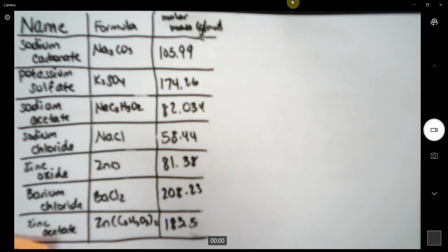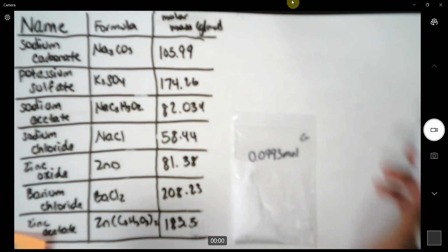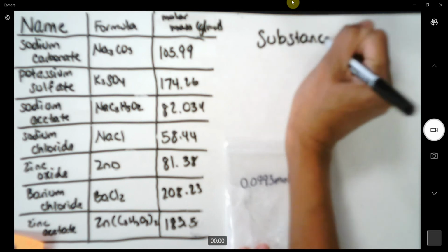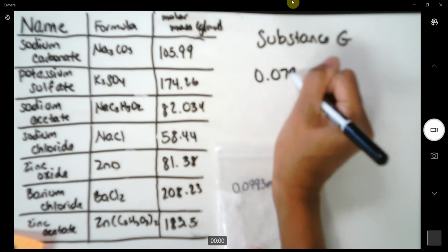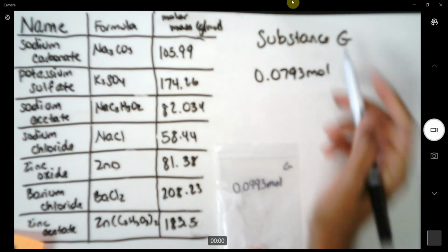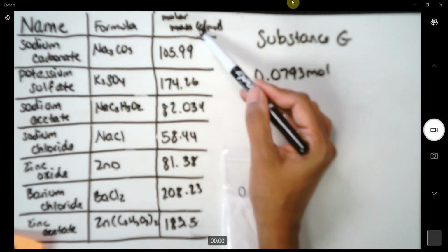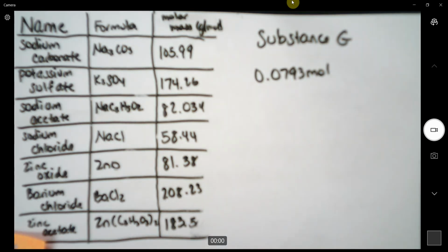So the next thing I need to do is figure out, okay, so again, I've got this many moles of substance G. So this is the number of moles, 0.0793 moles. And I want to match them up to one of these. Well, we know that the molar masses are in grams per mole, so we need to figure out the mass of each of these.